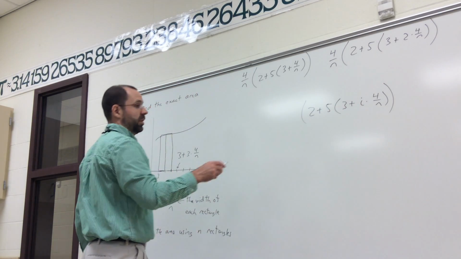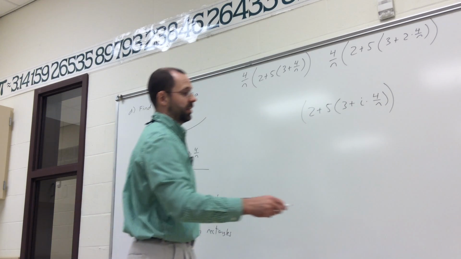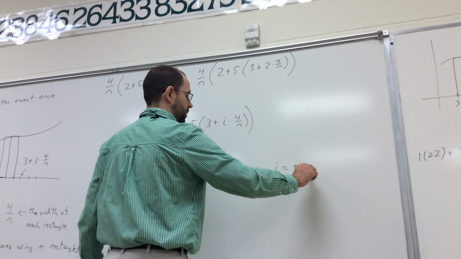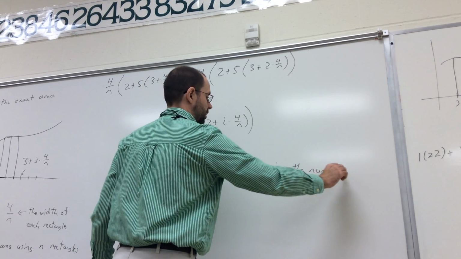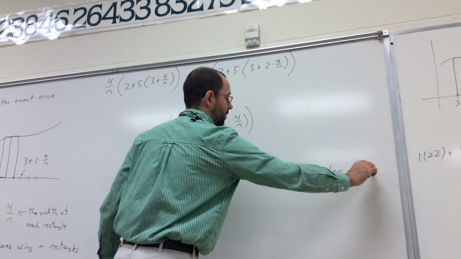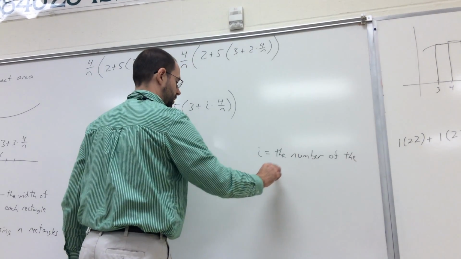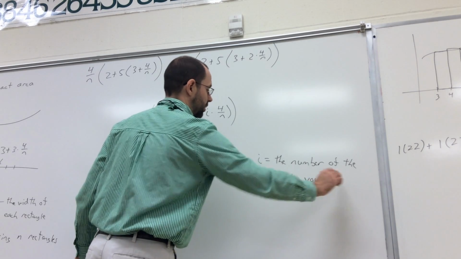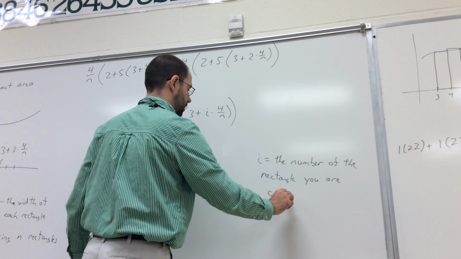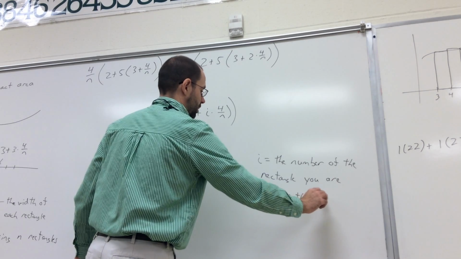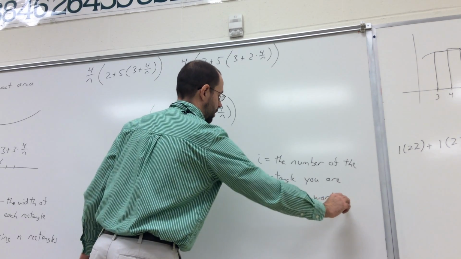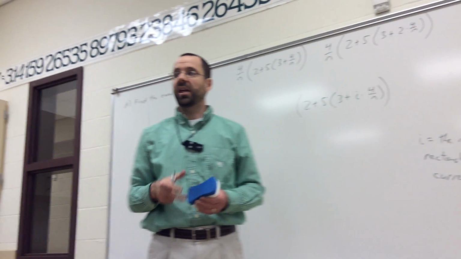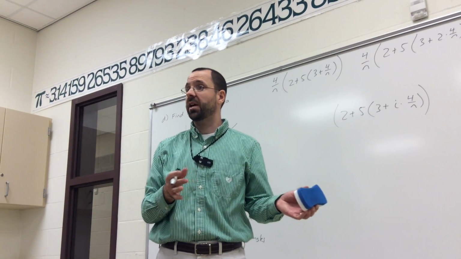Okay, so in your notes somewhere, you need that i represents the number of the rectangle you are currently working on. So n represents the total number of rectangles.